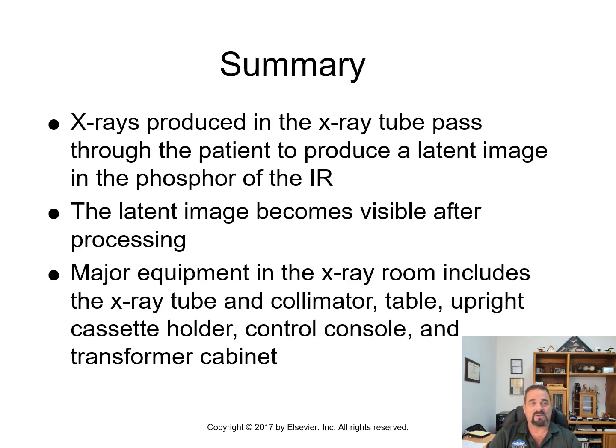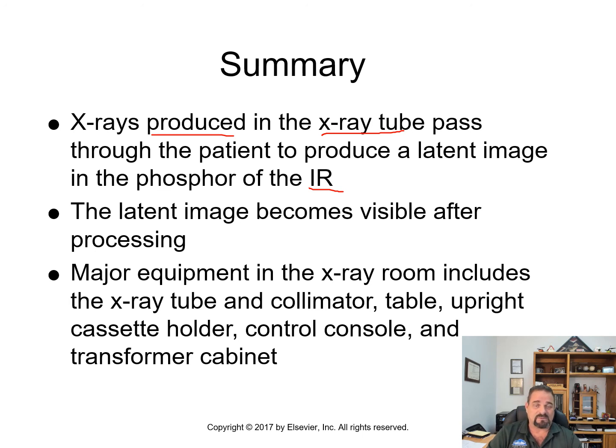All right, so in summary on this particular chapter, X-rays are produced in the X-ray tube and pass through the patient to produce a latent image in the phosphor of the IR. What is the IR? Image receptor, and it's a cassette, and they come in various sizes and various speeds, but as far as the shape of them, they're very common.